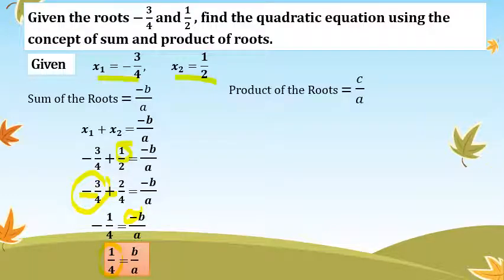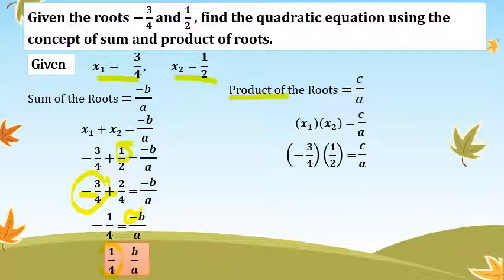Okay, for the product of the roots equals c over a. So, x of 1 times x of 2. Multiplication kasi ang pinag-uusapan ay product. So, x of 1 times x of 2 equals c over a. So, negative 3/4 times 1/2 equals c over a. Then, multiply the numerator by the numerator, denominator by the denominator. So, we have 3 times 1, it's 3. 4 times 2, 8.